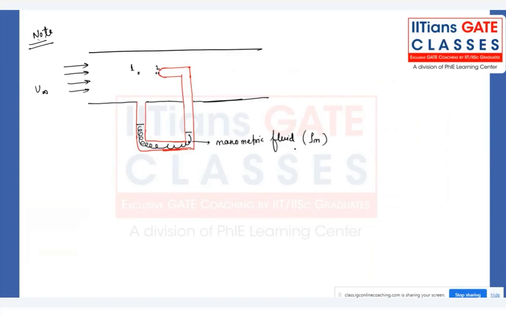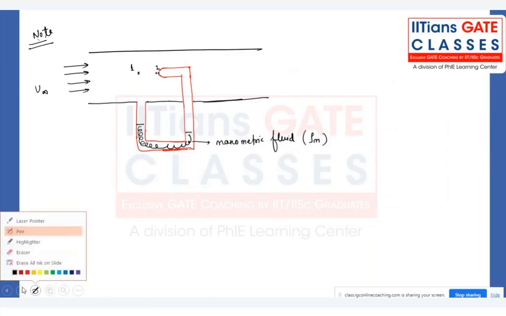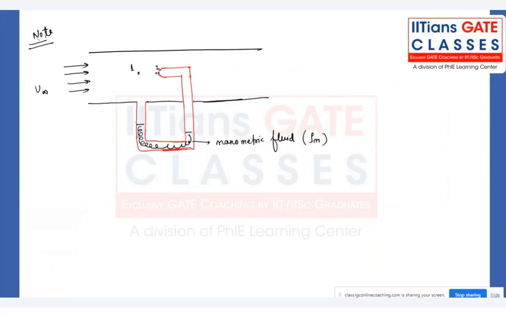This is the manometric fluid. Now we have some heights which I'm denoting over here. The difference of this height I'm calling x, and from here to here as y, right?